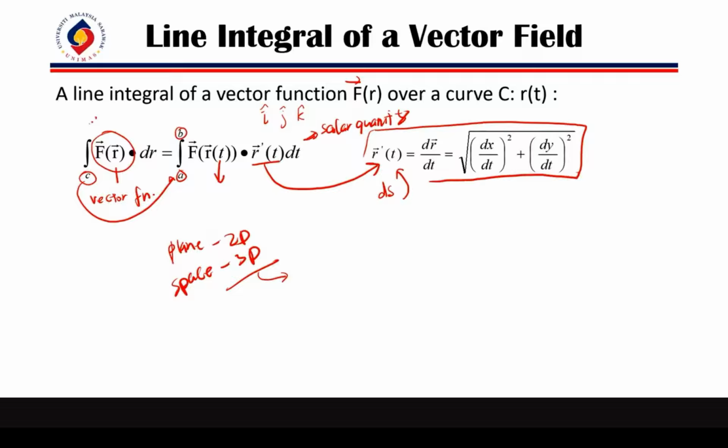The important application in this subtopic is that the line integral of a vector field is involved with work done. Work done is usually equal to F times s. In this case we will learn more about the work done for the line integral of a vector field. So we go to the next slide.